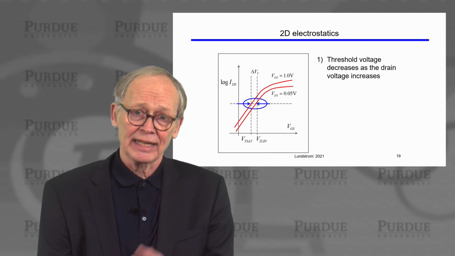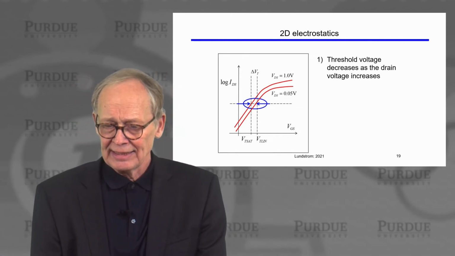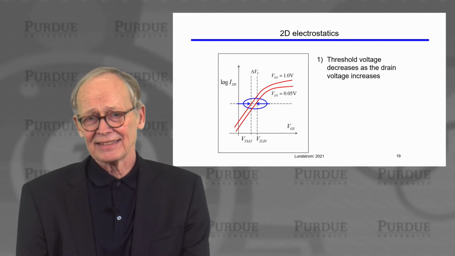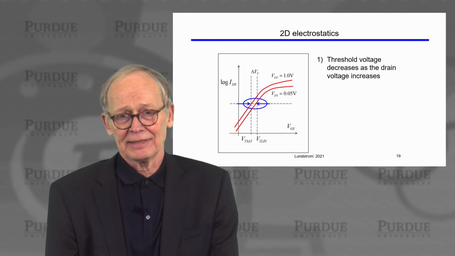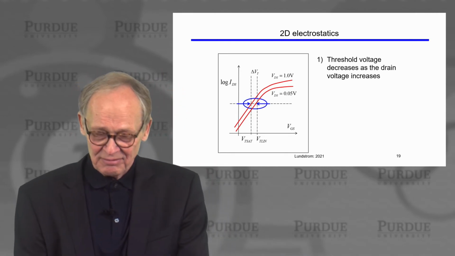It takes a lower gate voltage to reach that current when we have a high voltage on the drain. The threshold voltage decreases as the drain voltage increases. That's not a desirable feature for a transistor. We want the threshold voltage to be fixed.